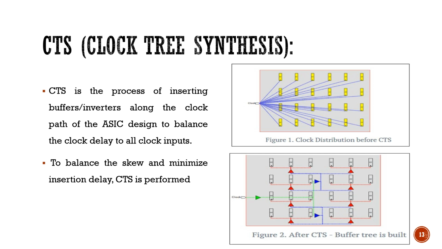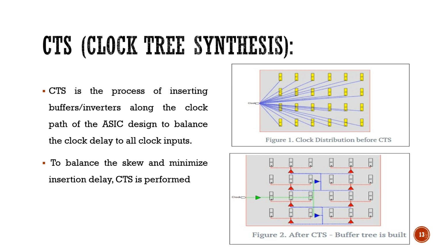So in the process of clock tree synthesis, when you refer to figure 2, you could see that a number of buffers and inverters are placed in the design. The main purpose of inserting these buffers or inverters is to balance the clock delay. That is the main purpose in this clock tree synthesis.